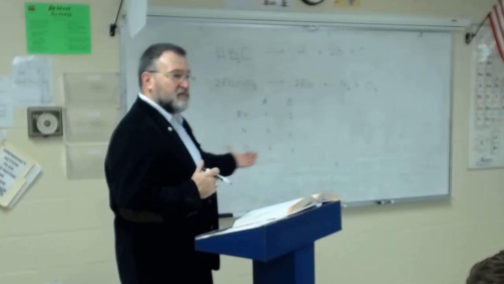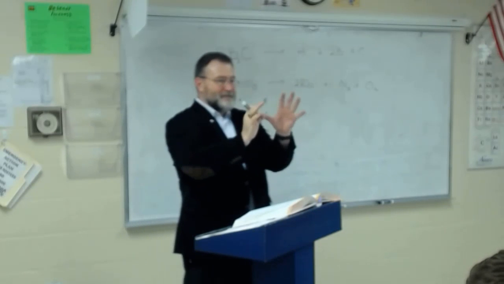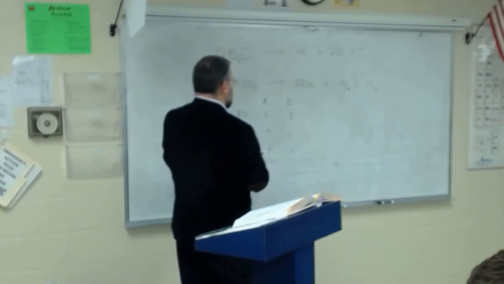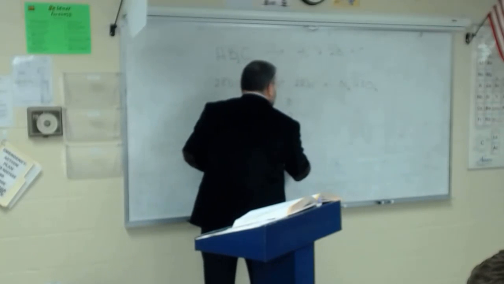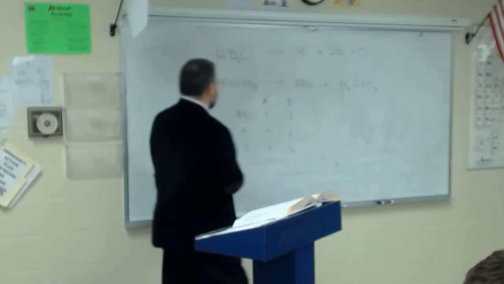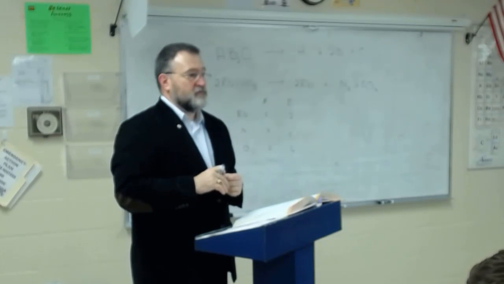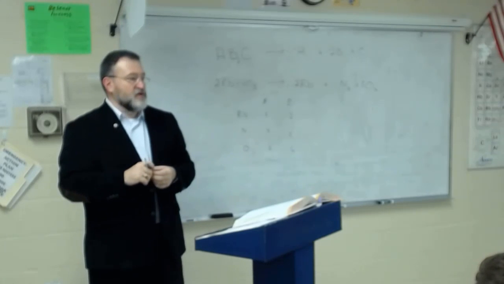Are we balanced yet? Okay, one more person. Yes, sir. You can put a 3 in front of the O. That will affect only the oxygen. And in that case, I have 3 sets of 2, which is 6. Are we balanced now? Yes, we're balanced. 2, 2, 6. Equations are balanced.